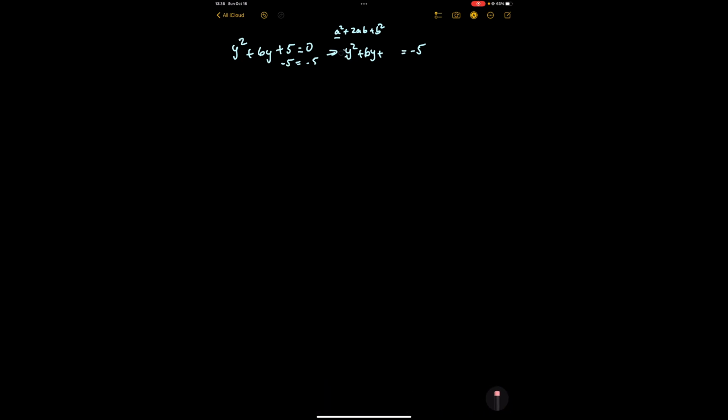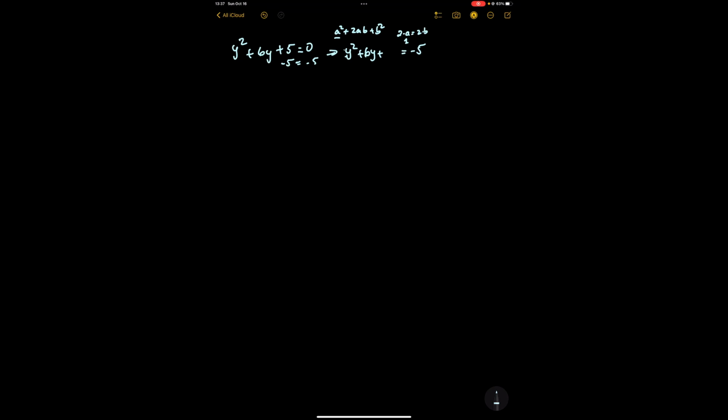All right? And now 2ab. What is 2ab? The 2 is already in the formula, so it will be 2 times a, where a is equal to 1, times b. So 2 times a is equal to 2 times b.